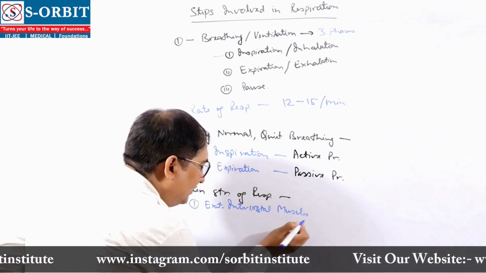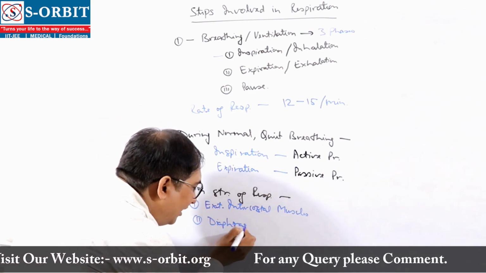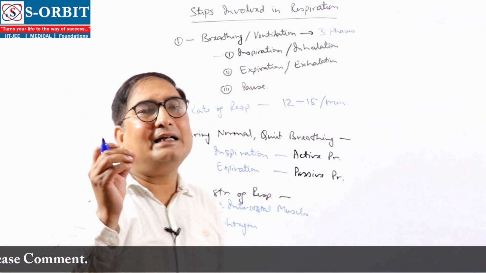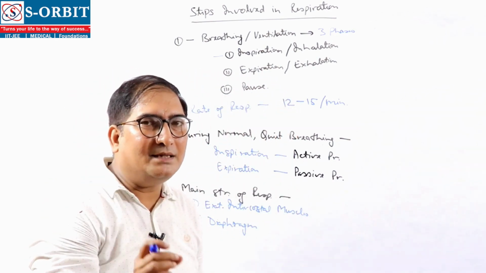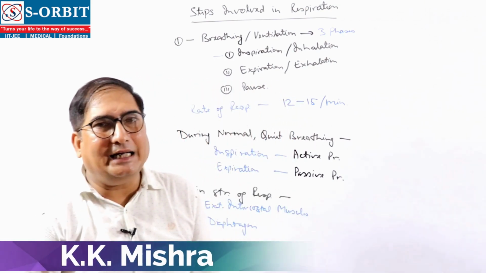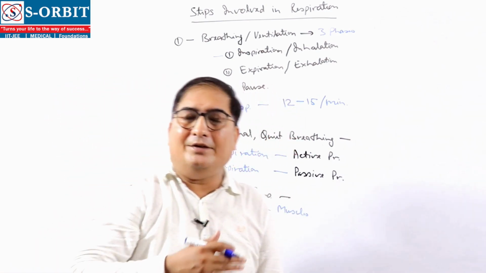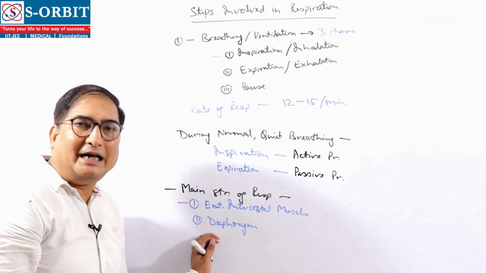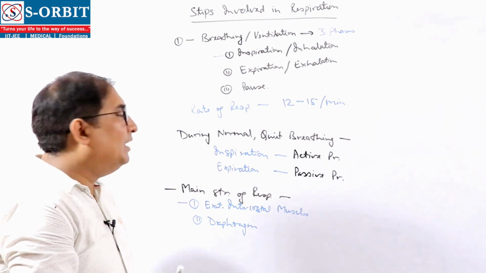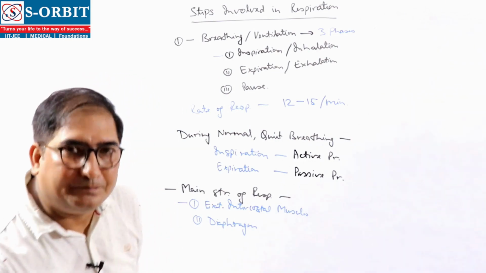Diaphragm is a characteristic of mammals. In mammals, a special structure, the diaphragm, separates the thoracic cavity from the abdominal cavity. These external intercostal muscles and the diaphragm are the main structures involved during inspiration.